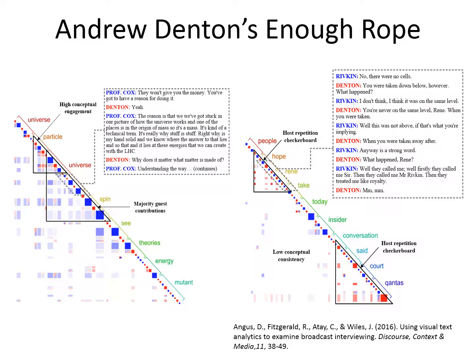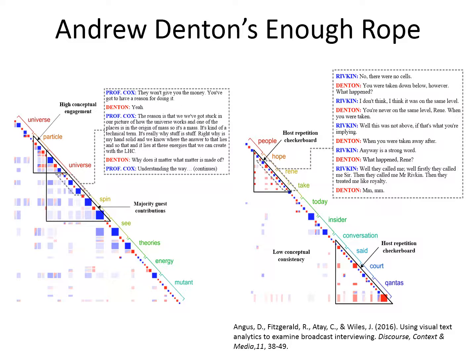What these do is link the vertical to the horizontal elements. If you look at any square below the diagonal and draw your eye line directly vertical and directly horizontal from that square, where it intersects the diagonal are the turns that share some conceptual content.